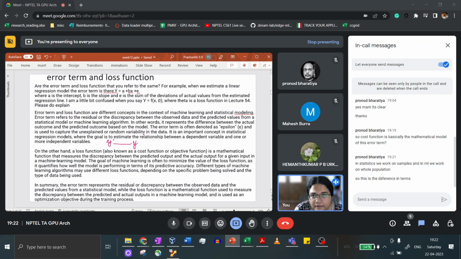Yes, the error term is the difference between the actual and the predicted one, and this whole answer expects the difference in the terminology that's used, error and loss. Again, the ML community tries to come up with some standardized terms, right? Because you don't want one person talking about error and another person talking about loss function and then both of them meaning the same thing.